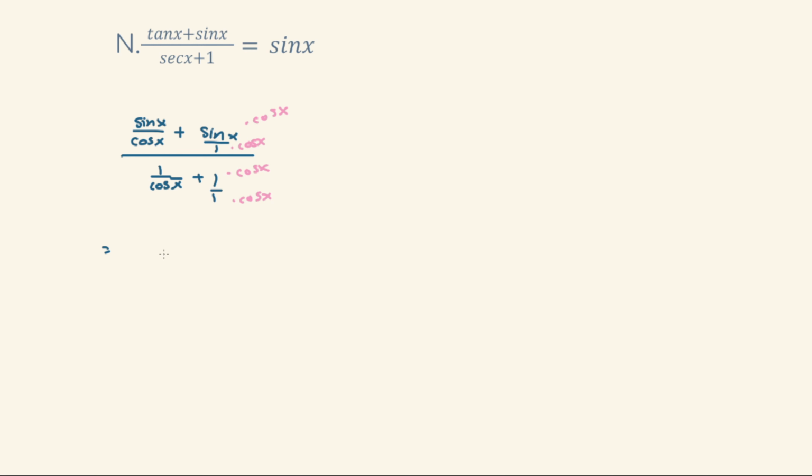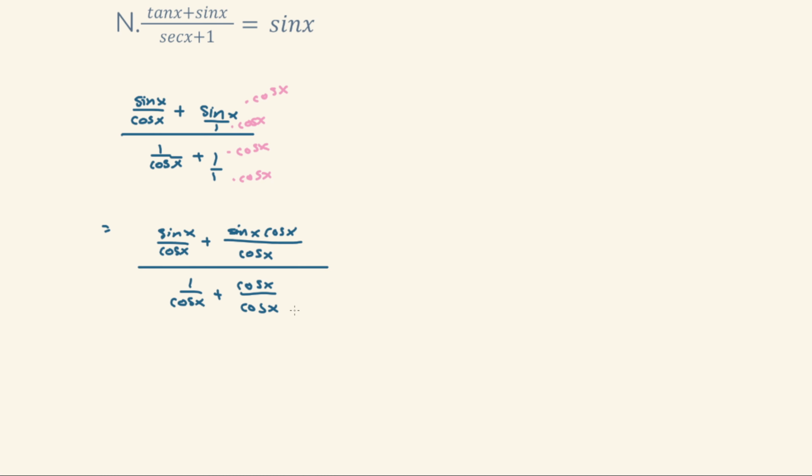So in my numerator, I have sine x over cos x plus sine x cos x divided by cos x. And in my denominator here, I'm going to have 1 over cos x plus cos x over cos x.